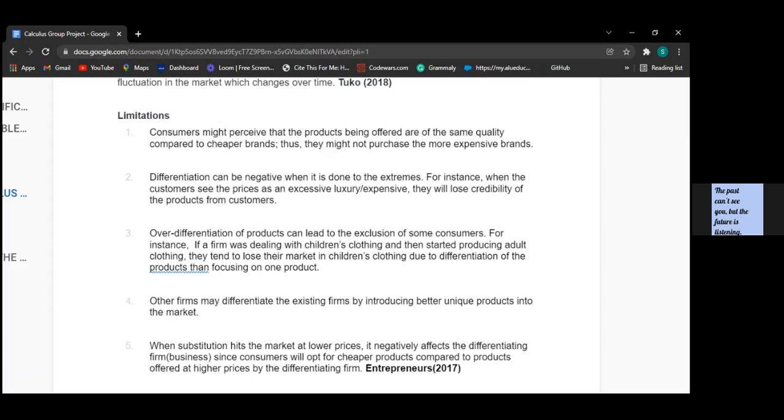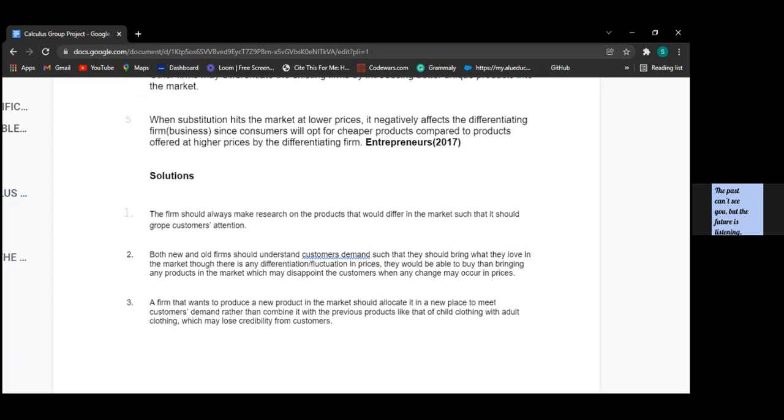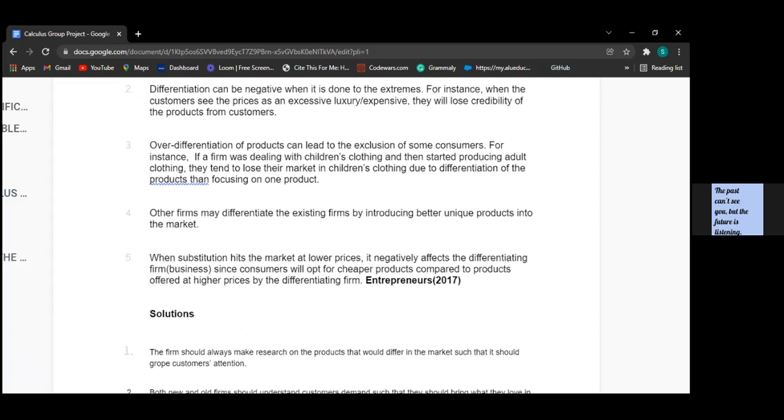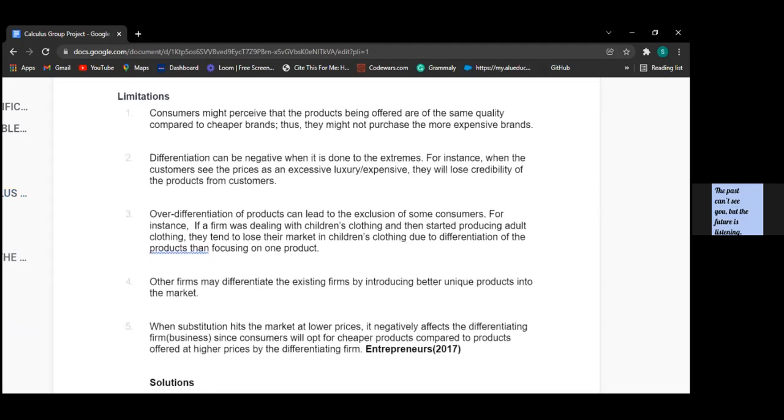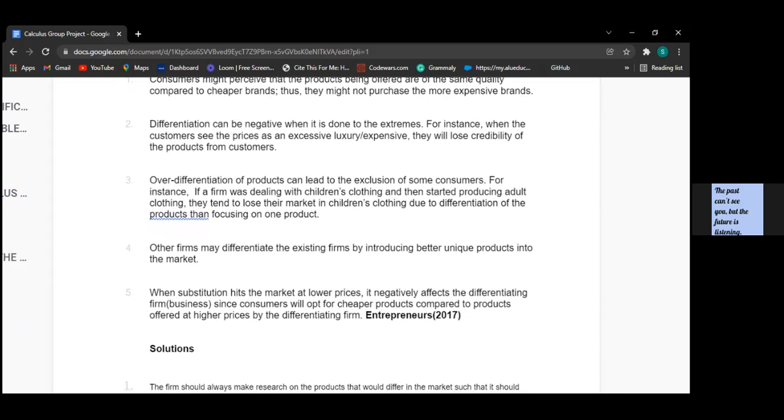Then coming to expensive goods and resources, most of the consumers go where goods are sold at lower prices. So most of the producers lose credibility from customers because they always change prices at any time, and over-differentiation of products leads to exclusion of customers, because a producer brings many products in the same place.